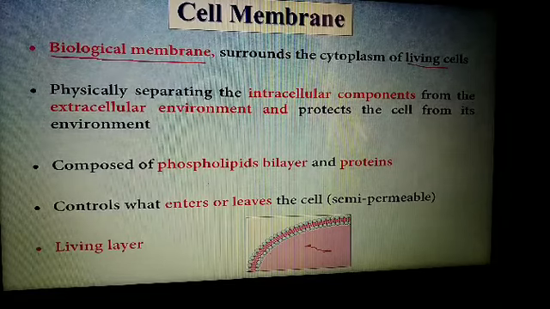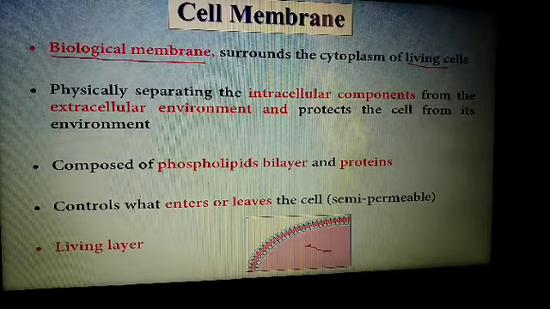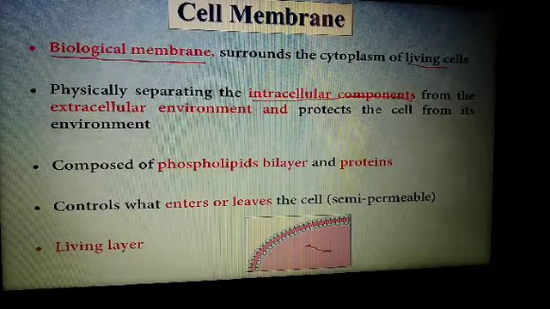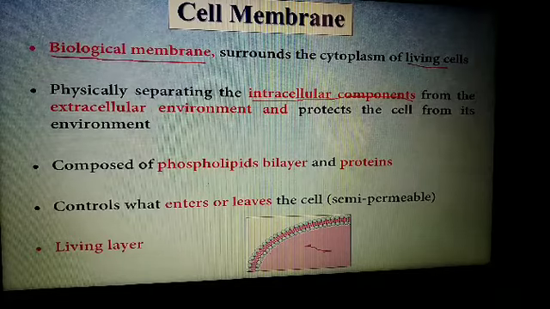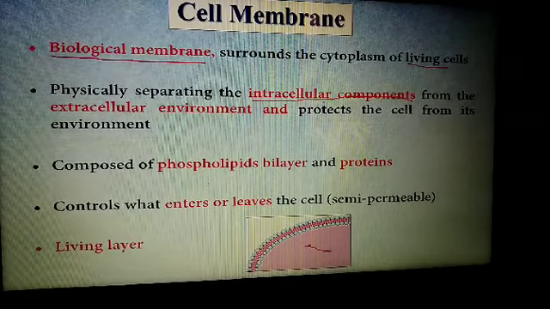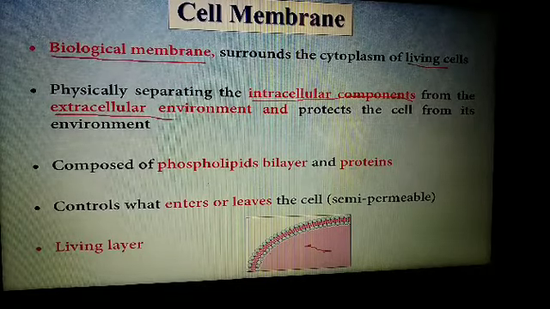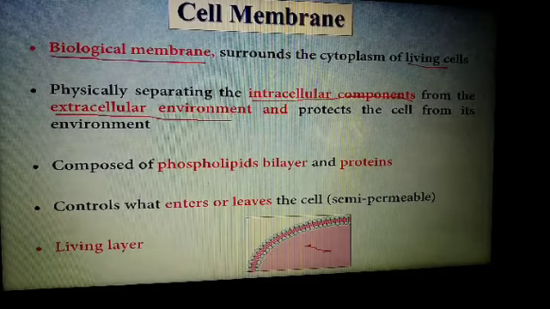What are the main functions of cell membrane? The main two functions: it physically separates the intracellular components. Intracellular components means the interior substance of a cell, like cell organelles, cytoplasm, all those are known as intracellular components. So the intracellular components and extracellular environment, those two are separated by this cell membrane.